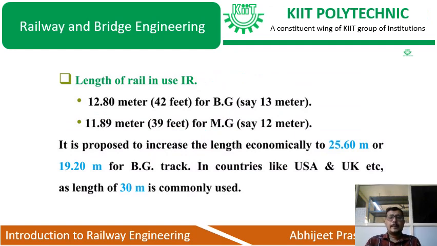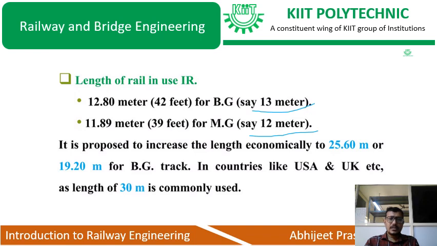Now the different lengths of rails used by Indian Railways. For broad gauge we get nearly 13-meter rail lengths. For meter gauge we get 12-meter rail lengths.